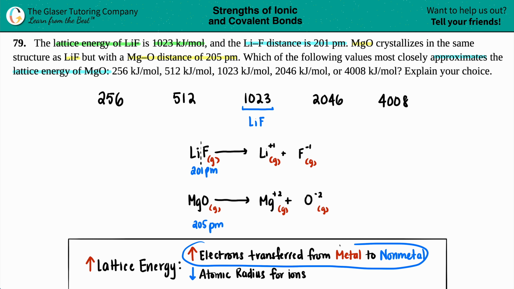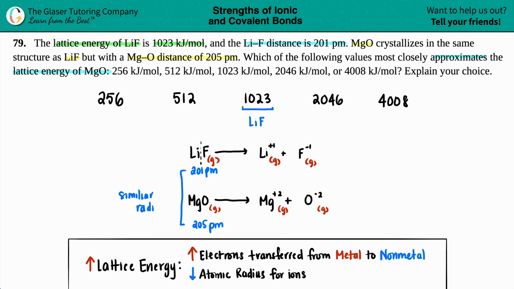It's the actual electrons transferred in the ionic bond. Now, the first thing is that I see that for lithium fluoride and magnesium oxide, between those ions, the radius is basically the same. So I'll say similar radii.